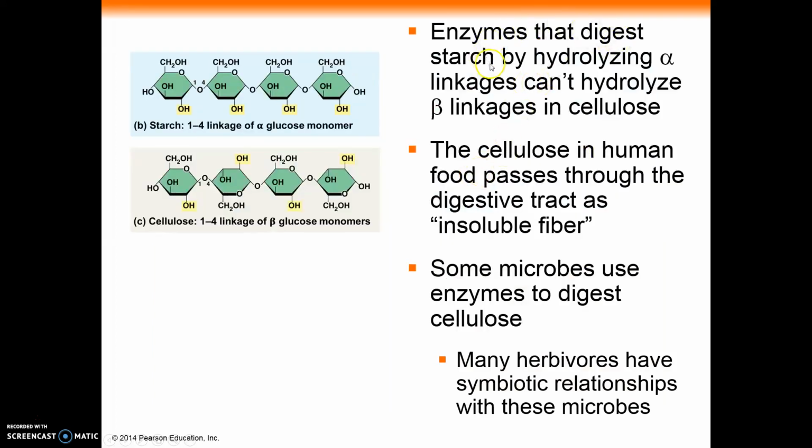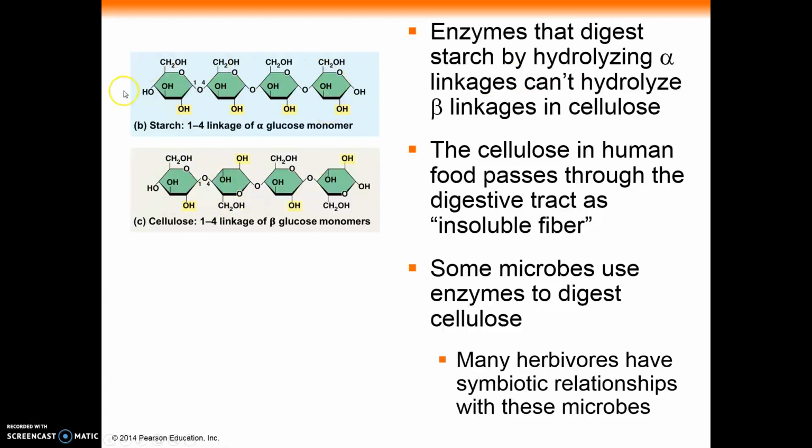So the enzymes that break down or digest starch by hydrolyzing these alpha linkages are expecting to see this structure. Okay? If it sees this, it doesn't know what to do with it. So consequently, the enzymes that can break down starch cannot break down cellulose.